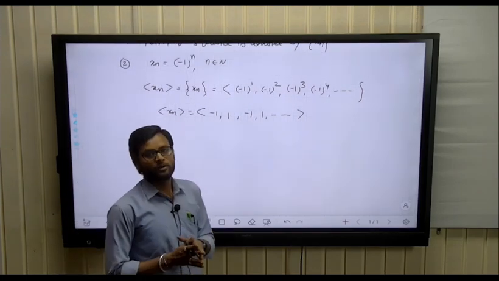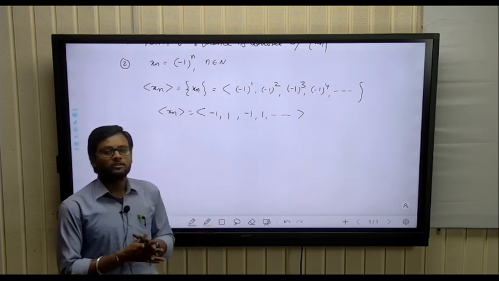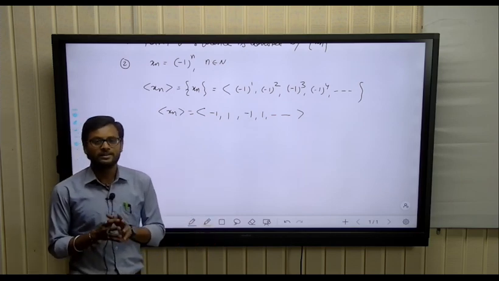Now we talk about the types of a sequence. Basically, a sequence has 3 types.